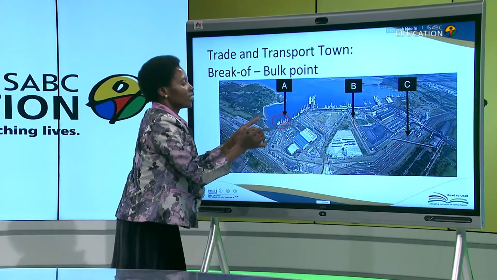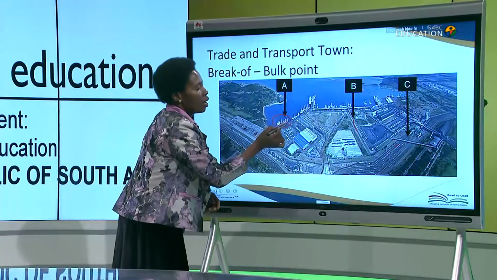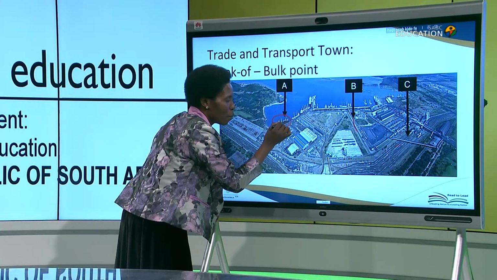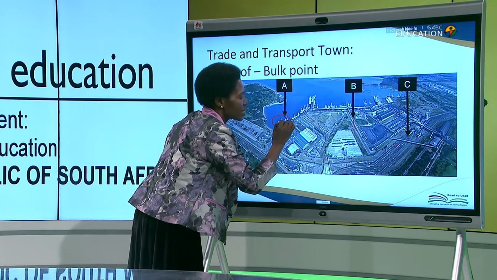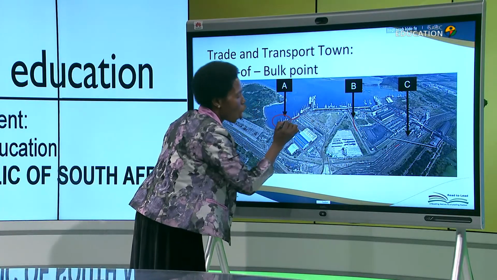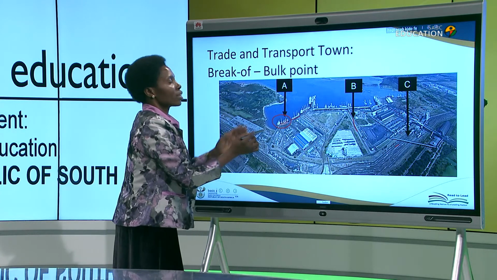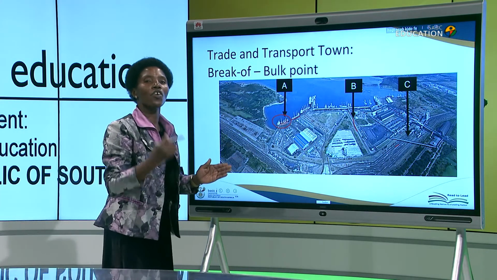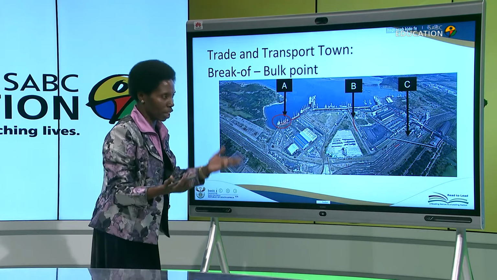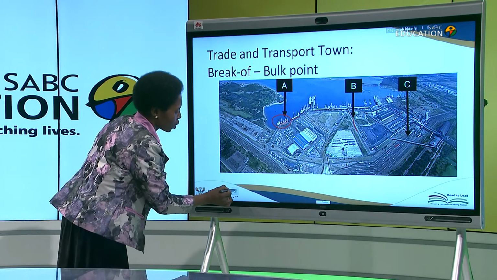Now just because it came by ship, to move the goods from here you can use either road or railway line. So there is a change of mode of transport. That's the thing that you need to take note of.